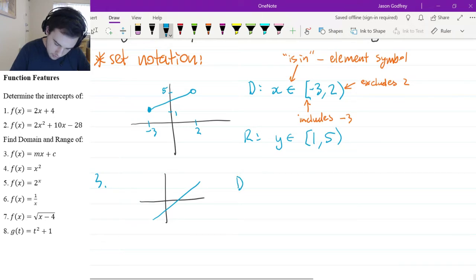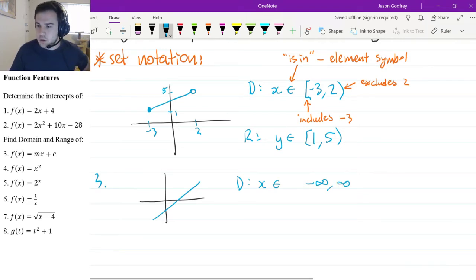So for the domain, for any linear function, just like the one I did earlier up the top, where can x go? Like I discussed before, it can go all the way down to -infinity and all the way up to infinity. Whenever we write -infinity or infinity in a domain or range, because it's just something conceptual and not an actual value, we can't actually get to -infinity and include it, so we're always going to use open brackets there.